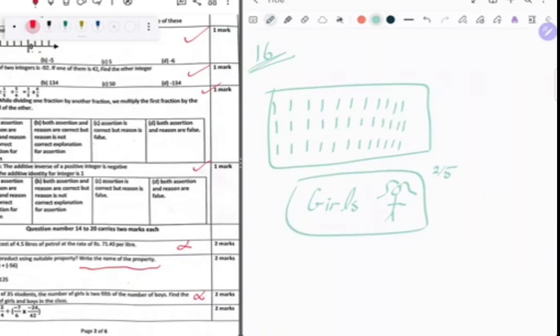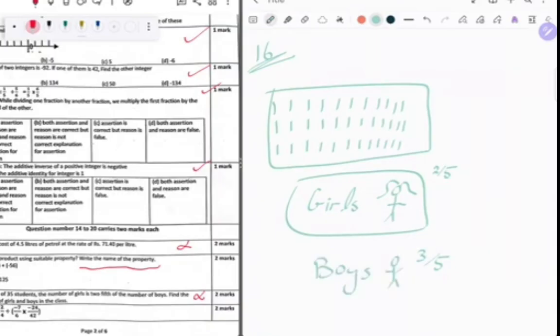Find the number of boys and girls in the classroom. So listen again, in a classroom of 35 students, the number of girls is 2/5 the number of the boys. So 2/5. Now I've got 3/5. 3/5 are the boys.